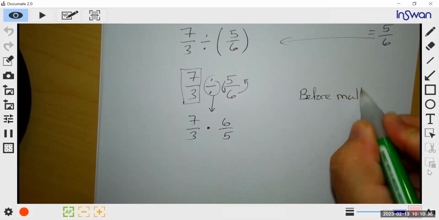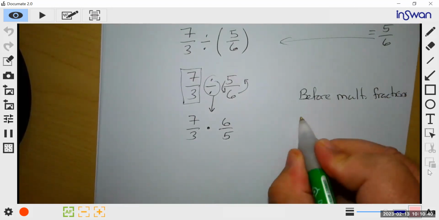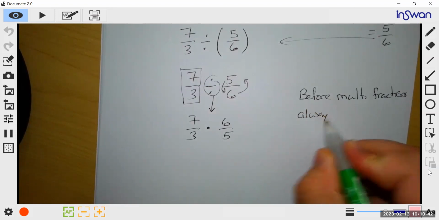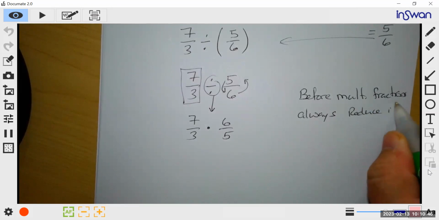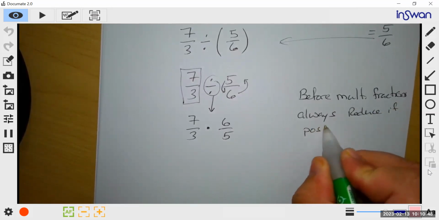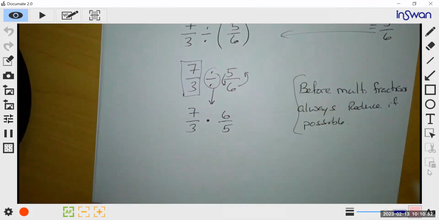Before multiplying fractions, always reduce if possible. In other words, cancel anything top and bottom if you can.